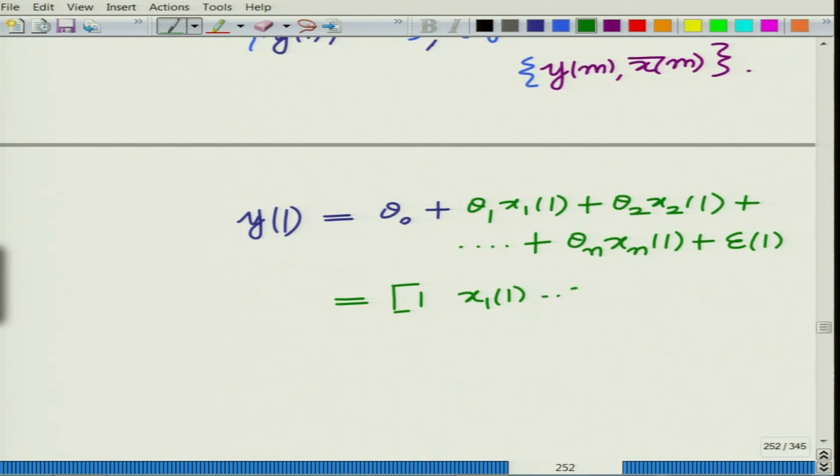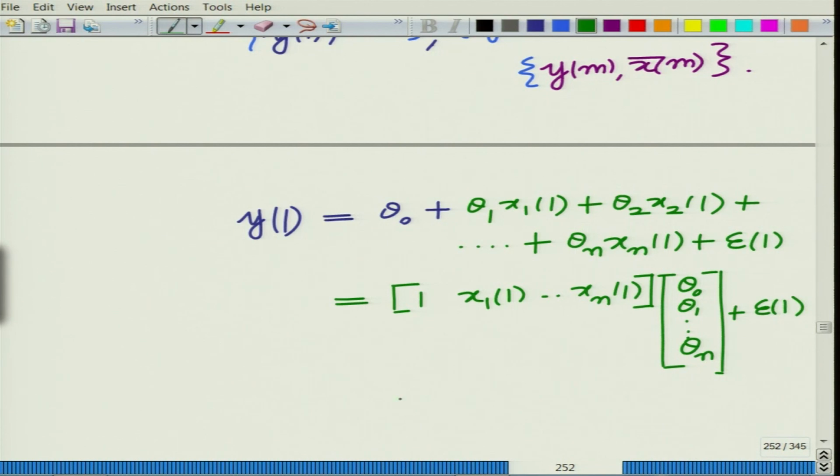which I can write, of course, in compact form as once again 1, x11, so on, xn1, times theta naught, theta 1, so on up to theta n, plus epsilon error 1, which is essentially, you can think of this as x bar transpose 1 times theta bar plus the error.